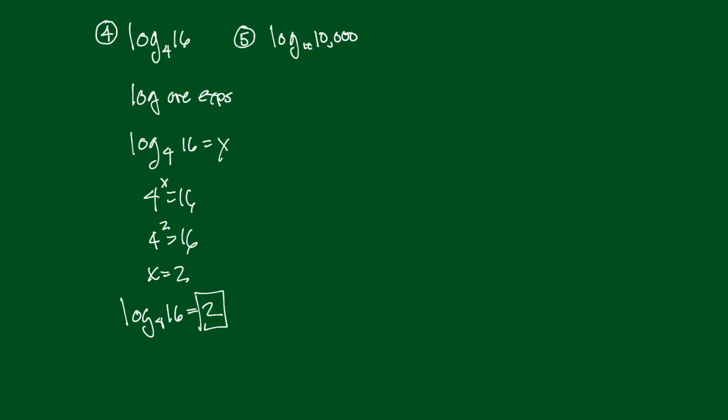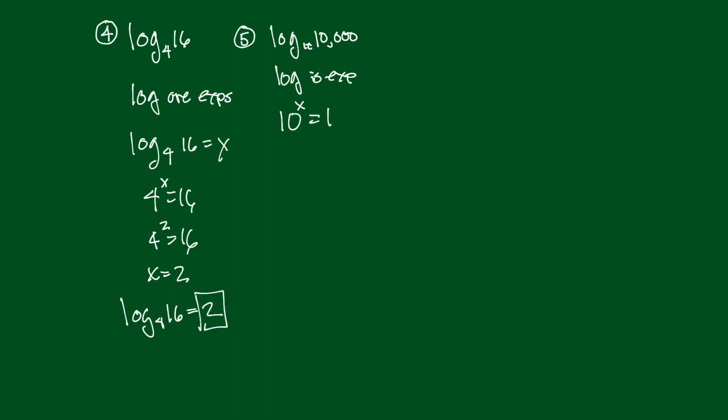So 5, what is the logarithm base 10 of 1,000? Or 10,000. Let's do 10,000. So here's what I know. The logarithm is the exponent. So I'm looking at an exponent, and exponents go on bases. The base here is 10, although you can barely read that. So I've got some number, x. I don't know what it is.